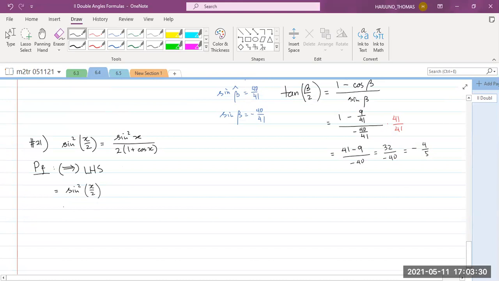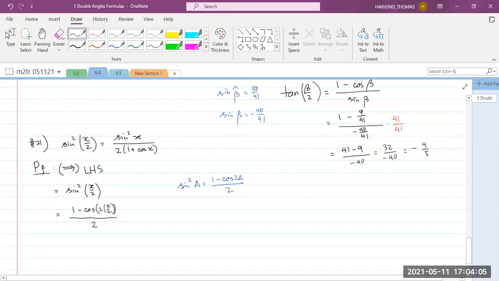The power reduction formula is sine squared a equals 1 minus cosine 2a over 2. Right? So this will be 1 minus cosine of 2 times x over 2, over 2.